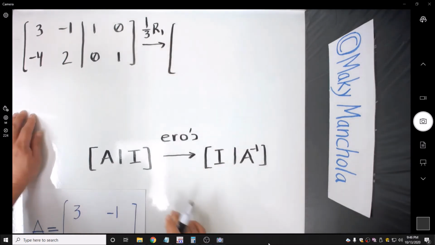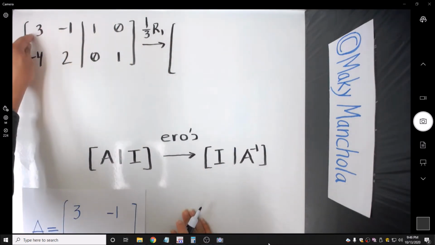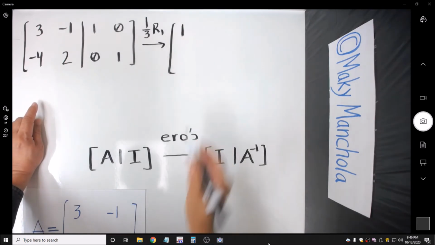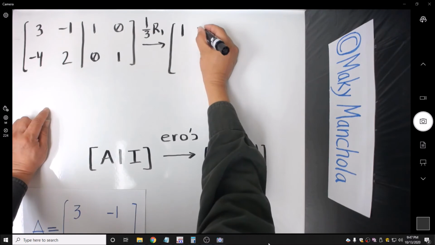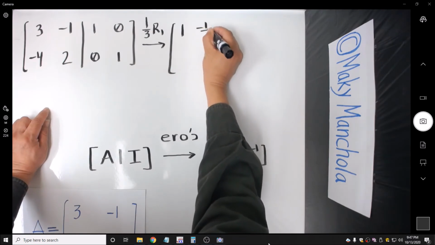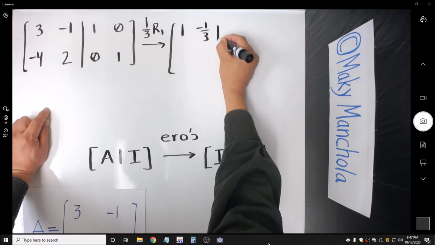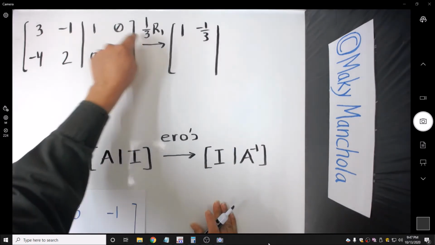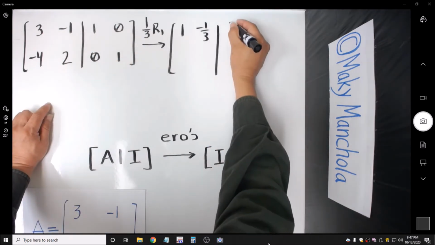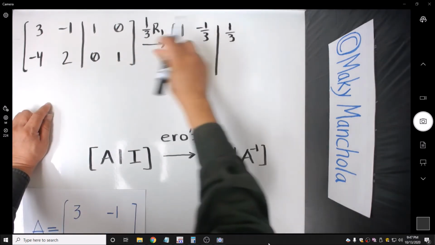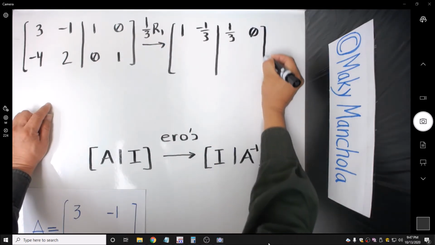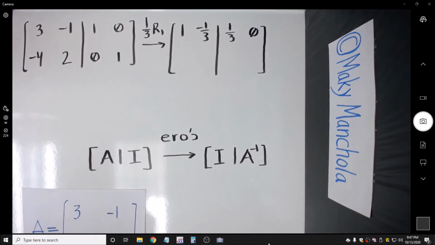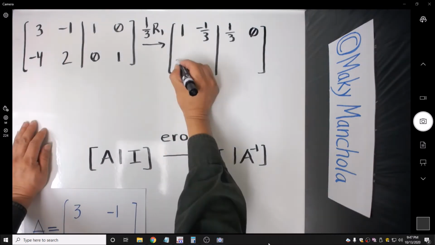So here is our result. 1/3 times 3 is 1. 1/3 times -1 is -1/3. 1/3 times 1 is 1/3. 1/3 times 0 is 0. Everything else remains unchanged.